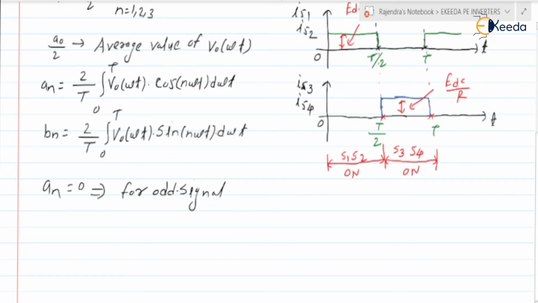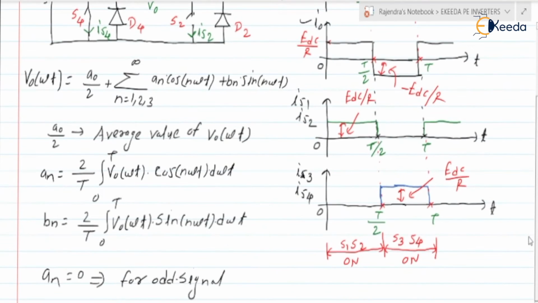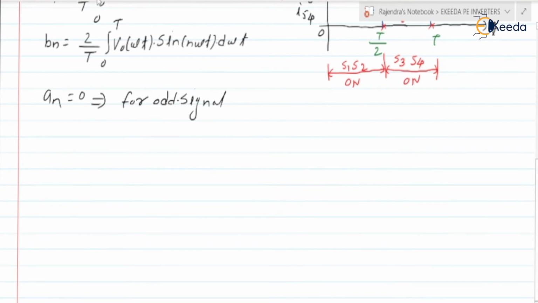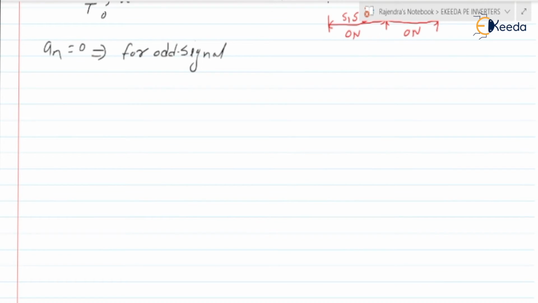Next, we have V0 and I0 with respect to time. Can we represent V0 and I0 with respect to omega t? Yes, and we can redraw V0 and I0 like this. Here V0 is with respect to omega t. One half cycle means pi, full cycle means 2 pi. The waveform is like this.